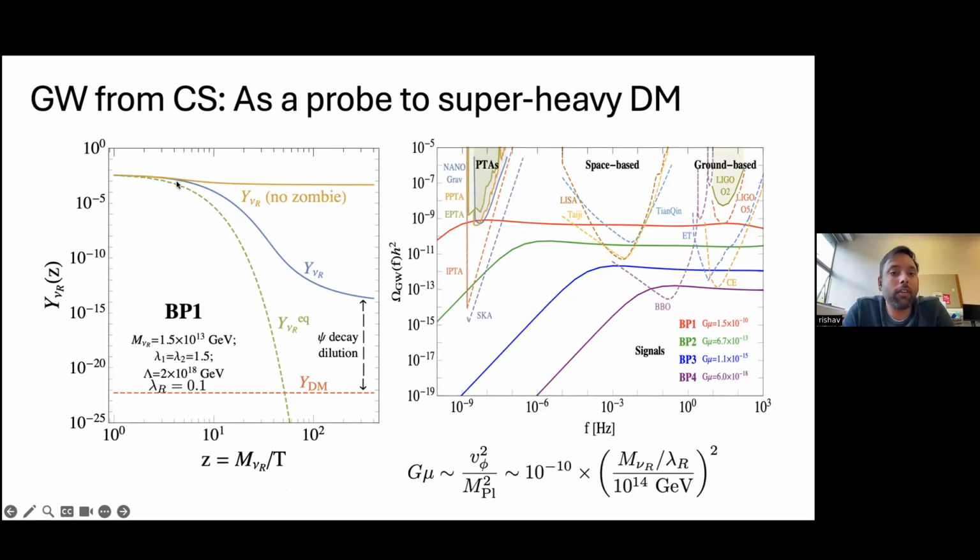Now, as we can see, if the right-handed neutrino does not interact with psi, it can still annihilate through the Z prime gauge boson, or through the scalar phi. But the total annihilation cross section is quite low, and hence its abundance is quite large. So that's why we see the freeze out takes place at a very high temperature.